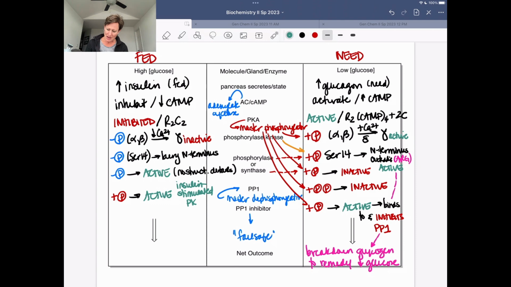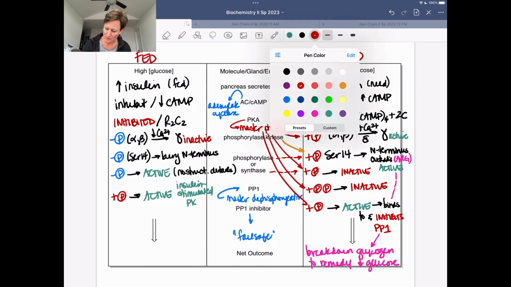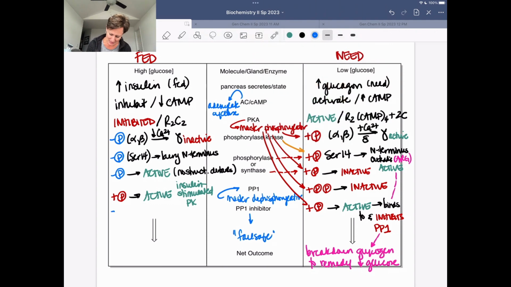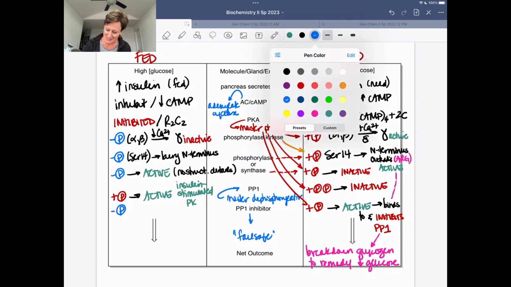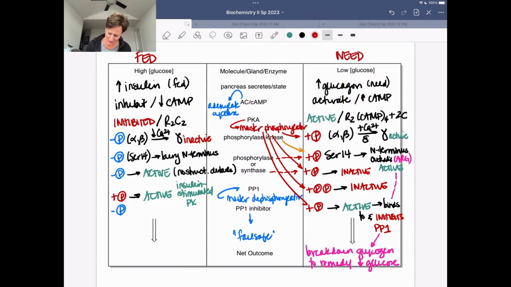So what is also going to be important here is the dephosphorylation that has to happen of the PP1 inhibitor. This is the double negative piece. So this is going to make this guy inactive. Okay, and this sort of makes sense.